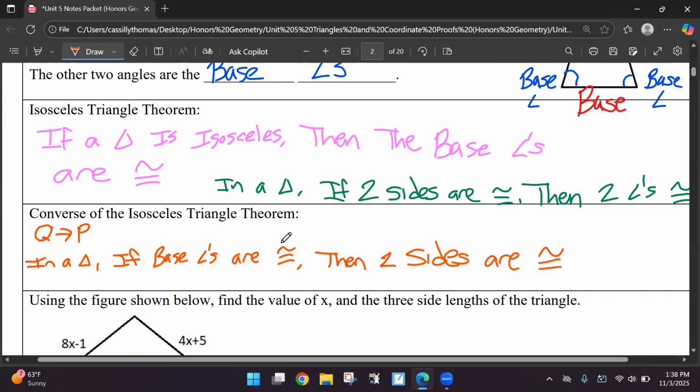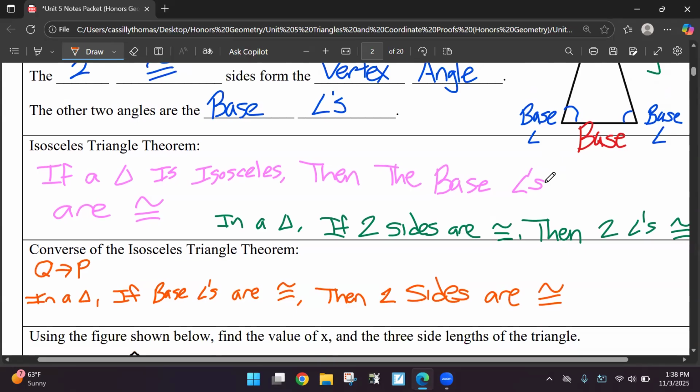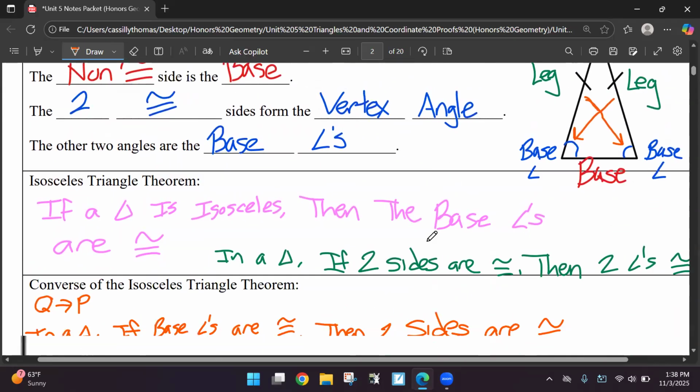Let's see here. The bases and the legs are always going to be opposite of one another. I probably should have put that in there. Base angles are always going to be opposite from the legs. So we just draw a picture up here. So those are going to be congruent.